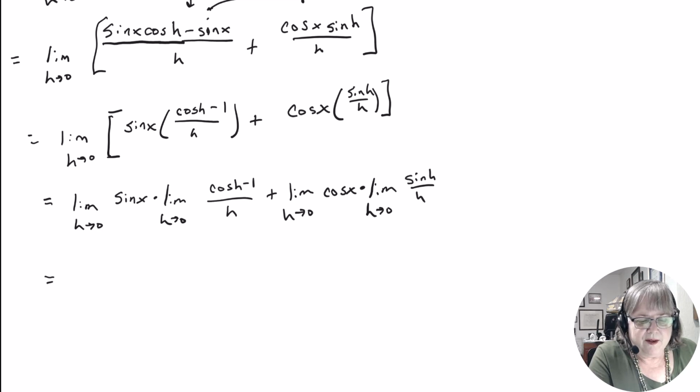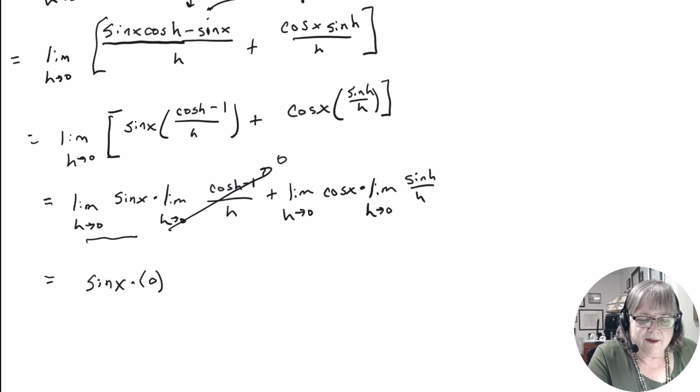Now, starting from the left and working our way across. The limit as h goes to 0 of sine of x: there's nothing to put h going to 0 into, so this is just sine of x. But the limit of cosine h minus 1 over h is 0. Remember we learned that?